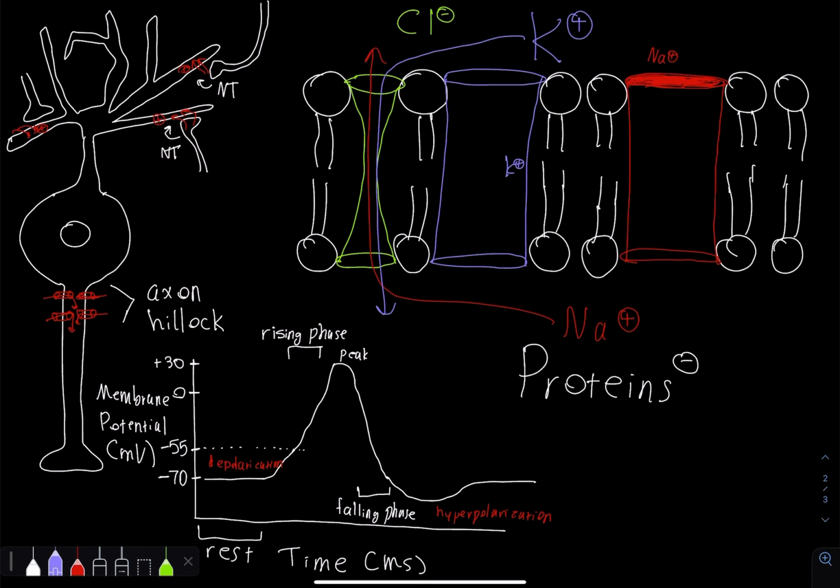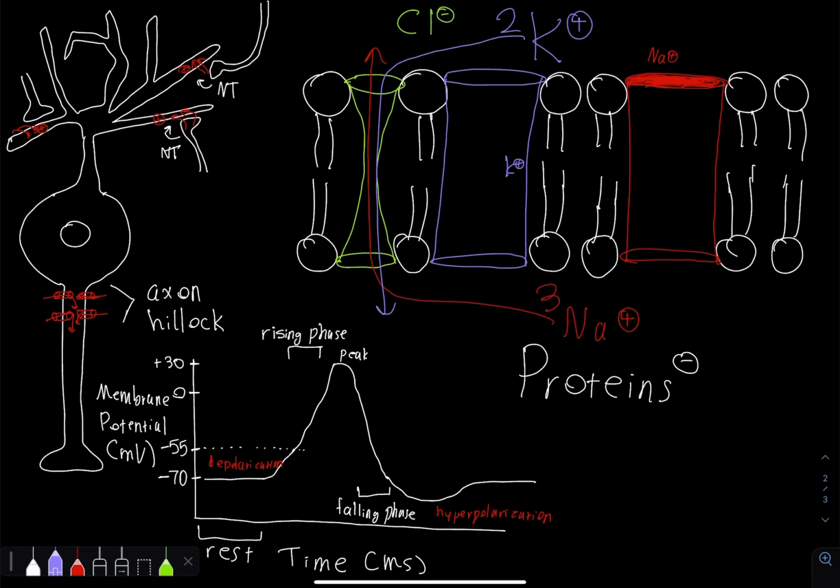Specifically, I don't remember the numbers, so I have to look them up. Yeah, it pumps 3 sodium ions out. So for one cycle, it pumps 3 sodium ions out and 2 potassium ions in.